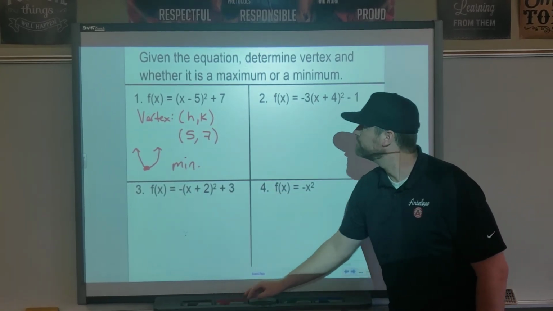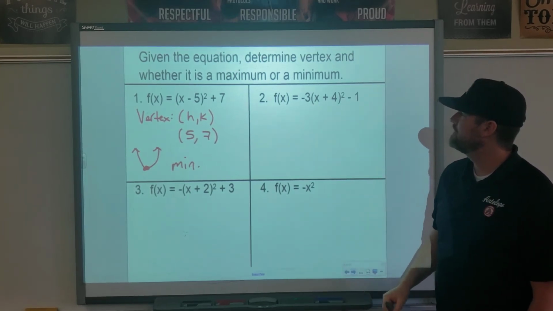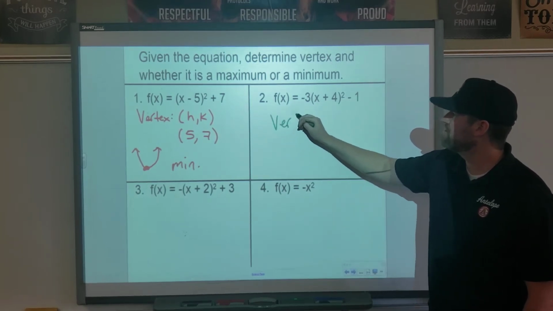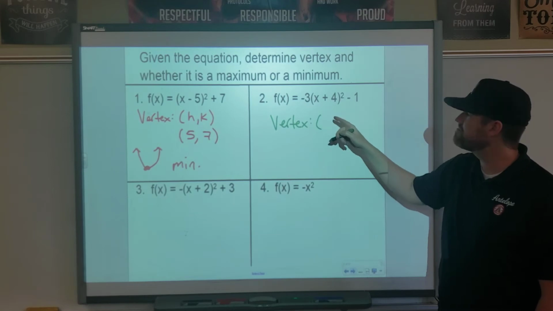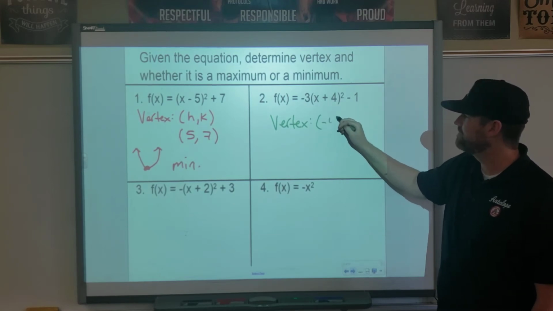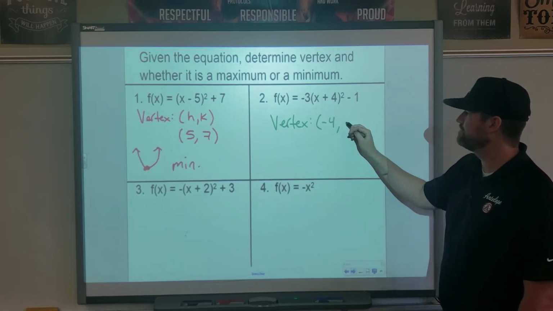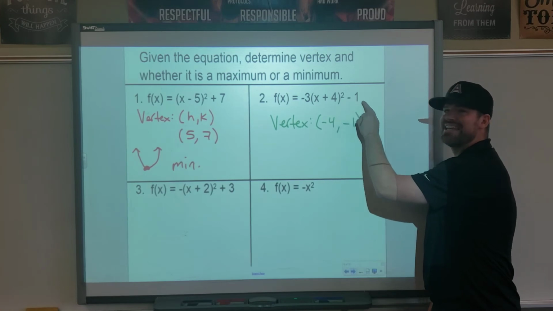Okay, next example. We have an a value of negative 3, which we'll talk about in a minute. But as far as my vertex goes, I know it's going to be the opposite of what's in the parentheses. So the opposite of 4 is negative 4. And then it's going to be whatever number is at the end for my y-coordinate. Now I do want to make sure to point out, this is not your y-intercept.